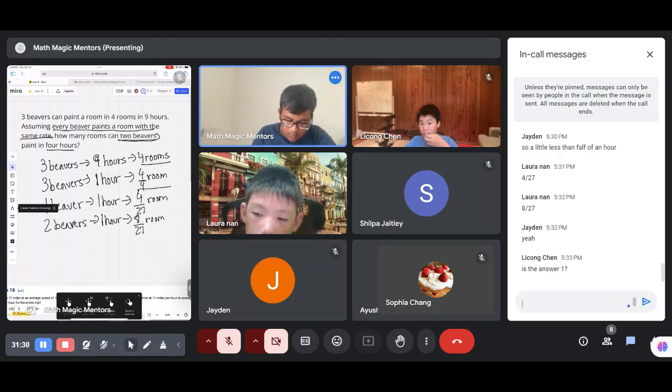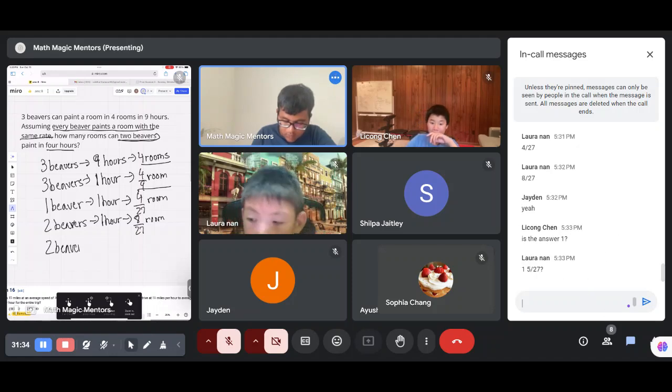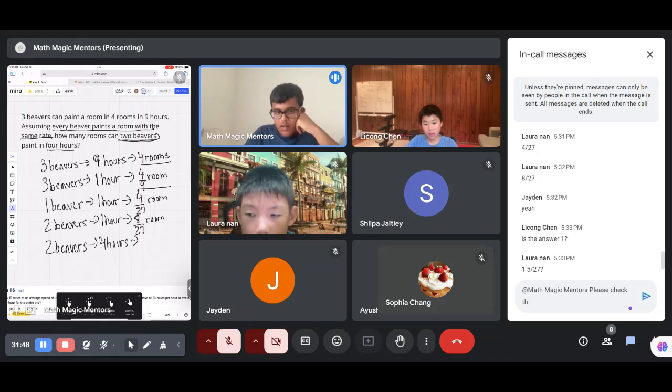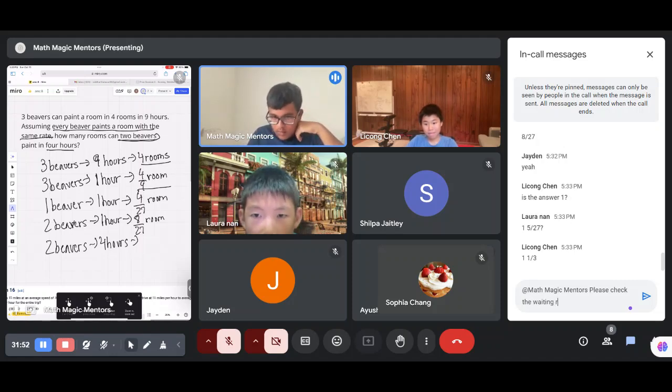And so now coming to the question, how much are two beavers going to paint in 4 hours? Yeah, I think it's fine to leave it as an improper fraction, but if you want to simplify it to a mixed fraction, then yeah, that's right.